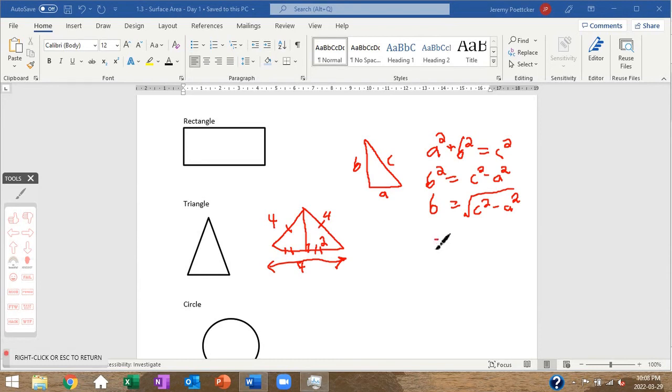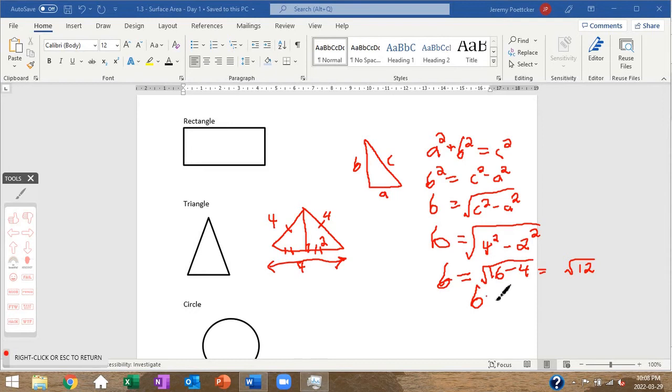So B equals the square root of 4 squared minus 2 squared. B, ooh, that's not a pretty B, is equal to, so we'll take 16 minus 4, and then take the square root of all that, which is going to be equal to the square root of 12, which is not a pleasant, nice decimal, but we deal with it.